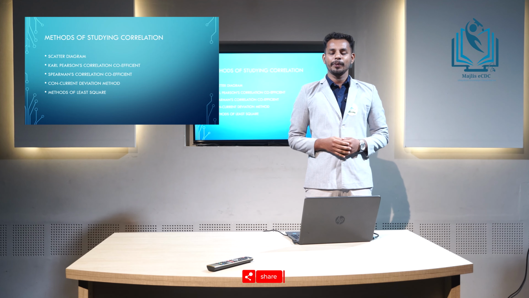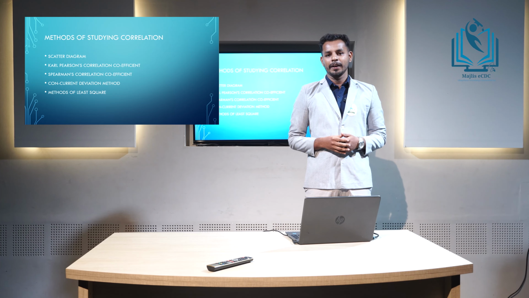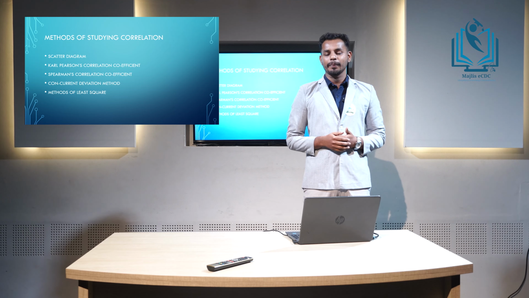The first one is the scatter diagram method. Here we find the relationship between variables by using a diagram, and the values of variables are plotted on a graph using the x-axis and y-axis. Such a method is known as a scatter diagram.